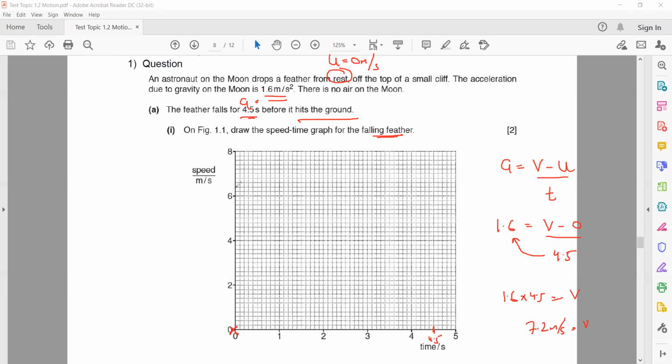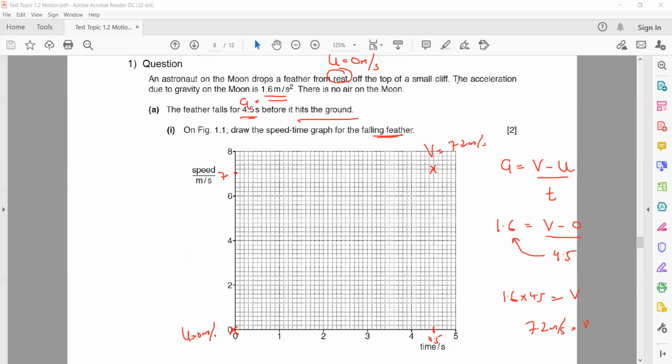So 6.2, 6.4, 6.6, 6.8, and this is 7, and then 7.2. After 7, one box will be 7.2. So 7.2 and 4.5. So this is the final speed. The final speed is 7.2 meters per second and the initial speed is 0 meters per second.